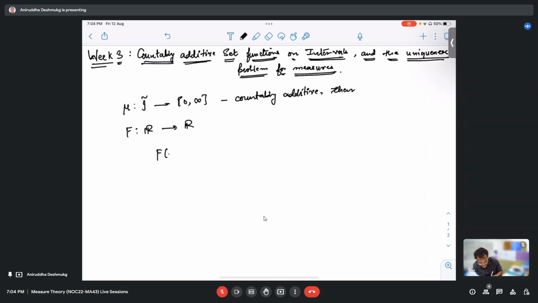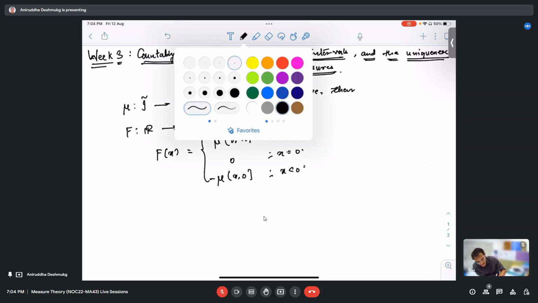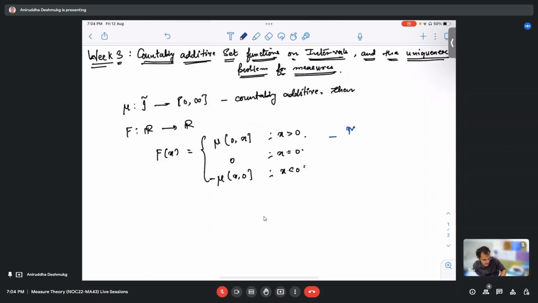How do we define it? F of x is mu of (0, x] when x is positive, it is 0 when x is 0, and minus mu of (x, 0] when x is negative. So we verified that this is a monotone increasing and right continuous function.